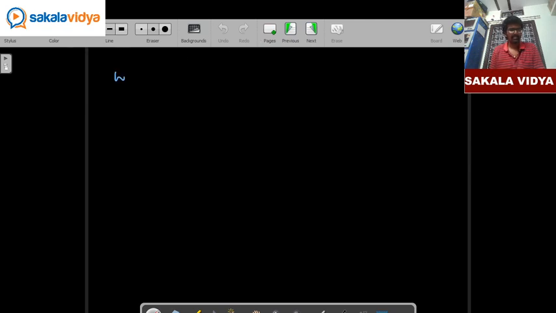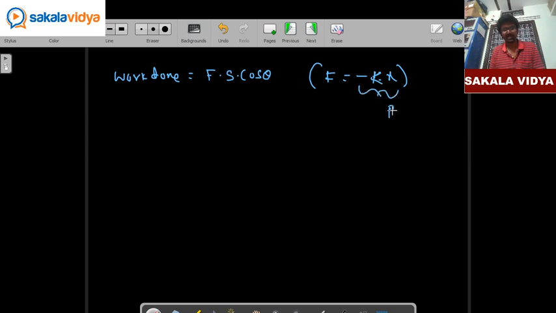As we know, work done is the dot product of force into displacement into cos theta, where our force is minus kx. This minus kx is nothing but the restoring force.